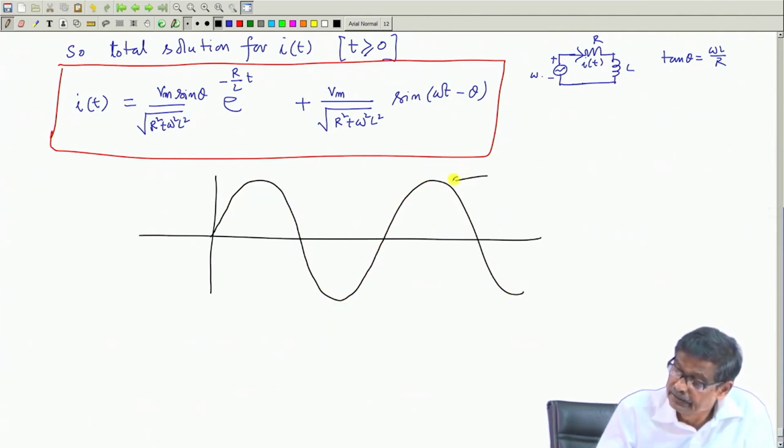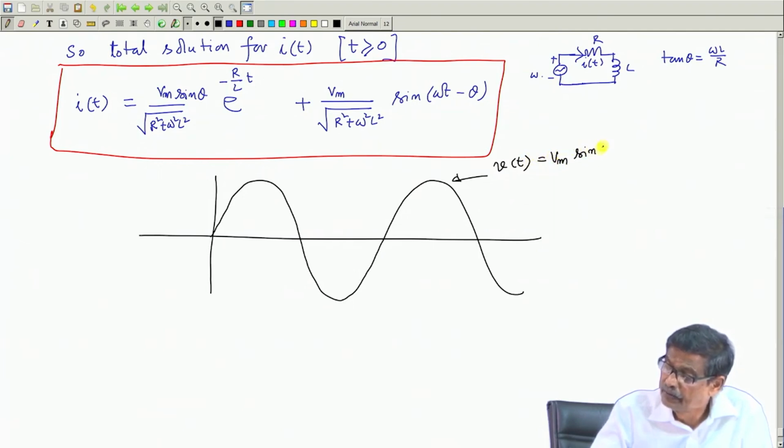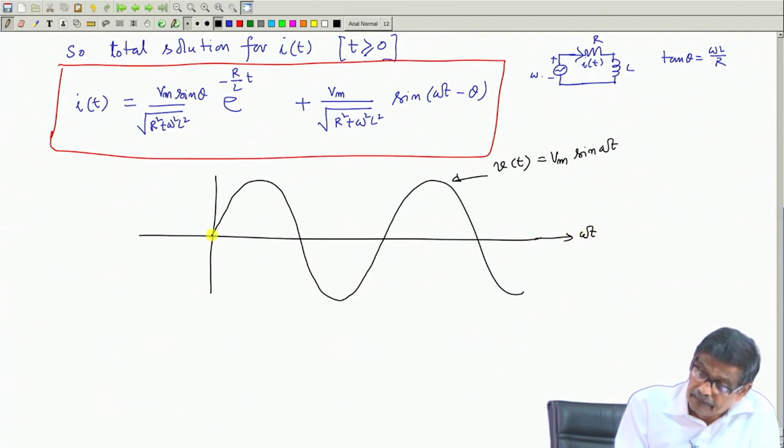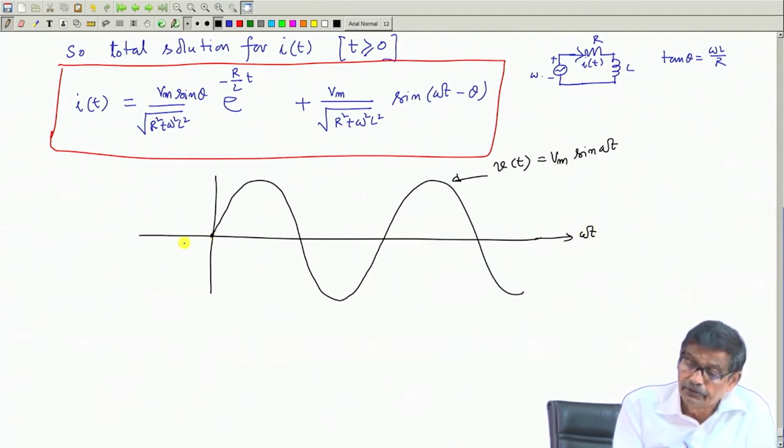This one is v of t, which is equal to V m sin omega t. Here is omega t. And then the current waveform is this kind of thing.